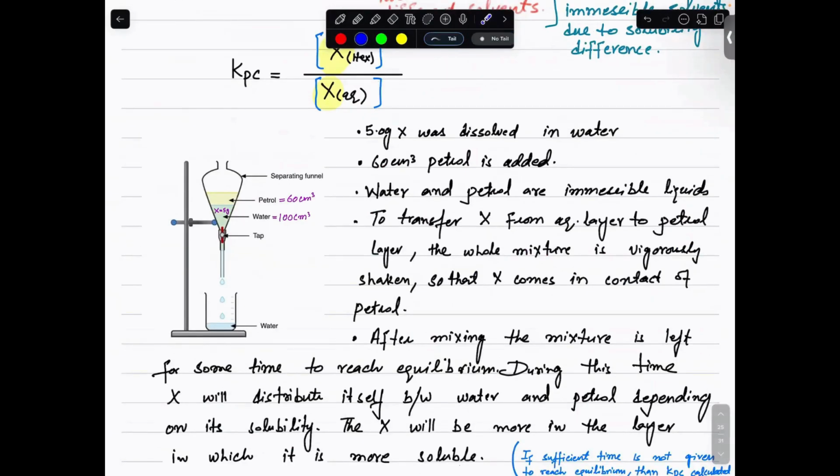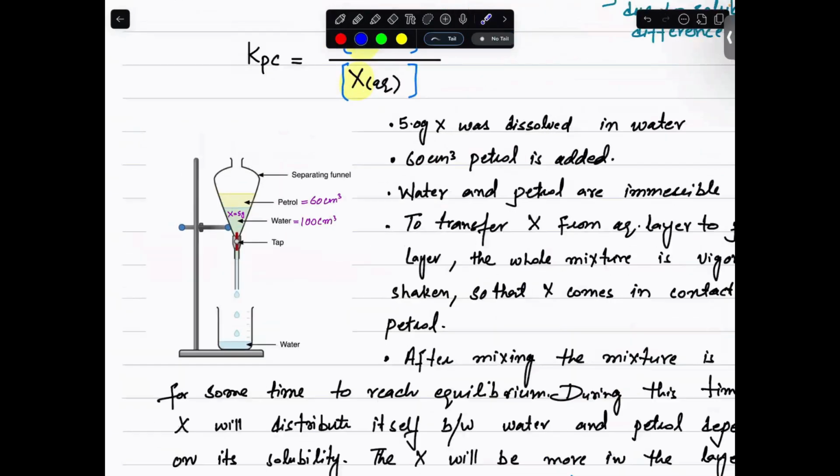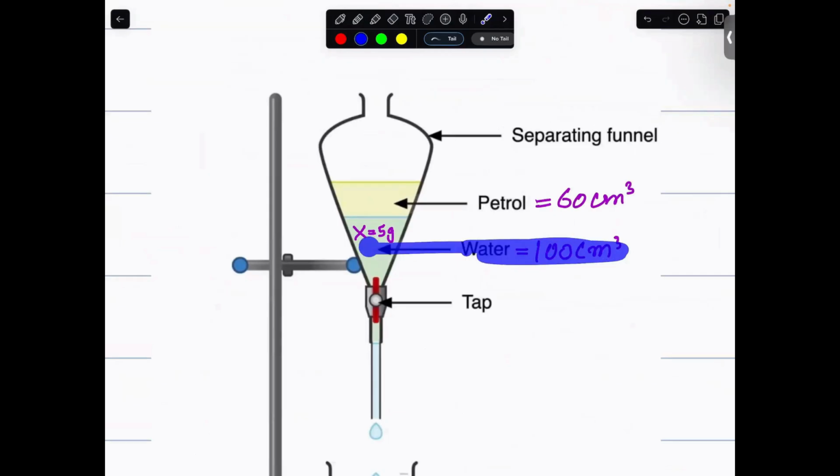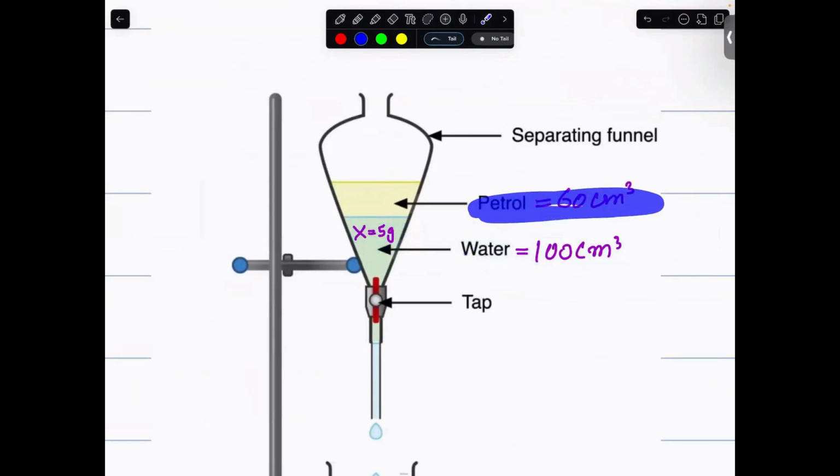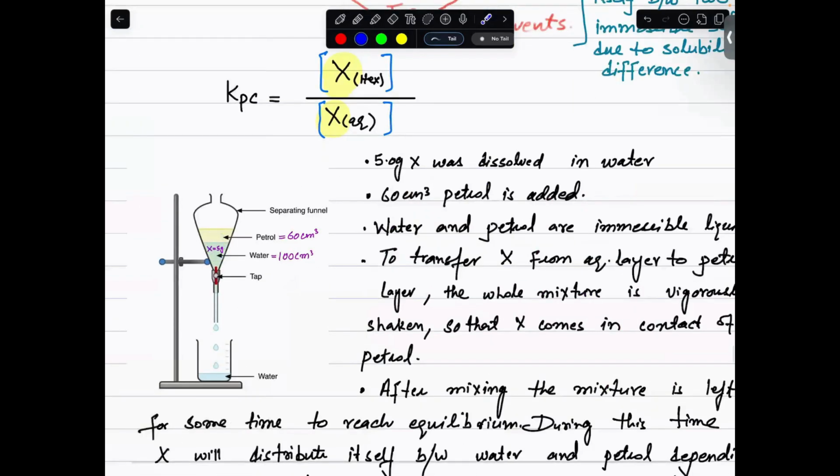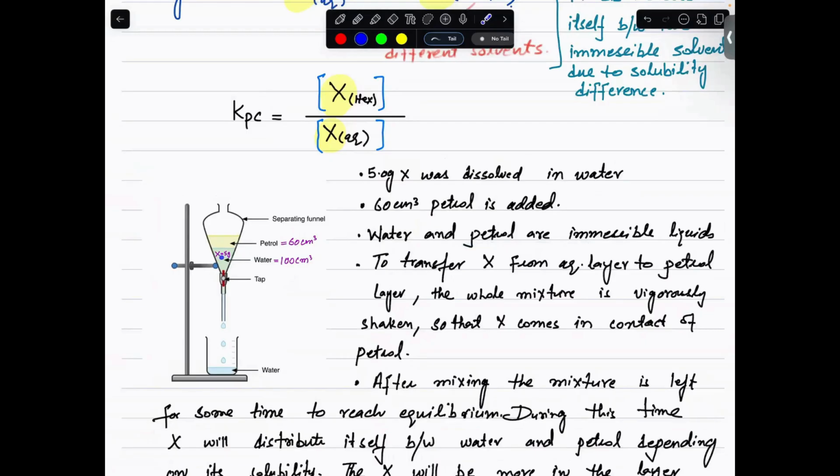Suppose this is 100 centimeter cube water containing 5 grams of X. This is petrol or octane, 60 centimeter cube. They're not going to mix, so we are going to shake it vigorously. Water and petrol are immiscible. To transfer X from the aqueous layer into petrol, the whole mixture is vigorously shaken so that X comes in contact with petrol.